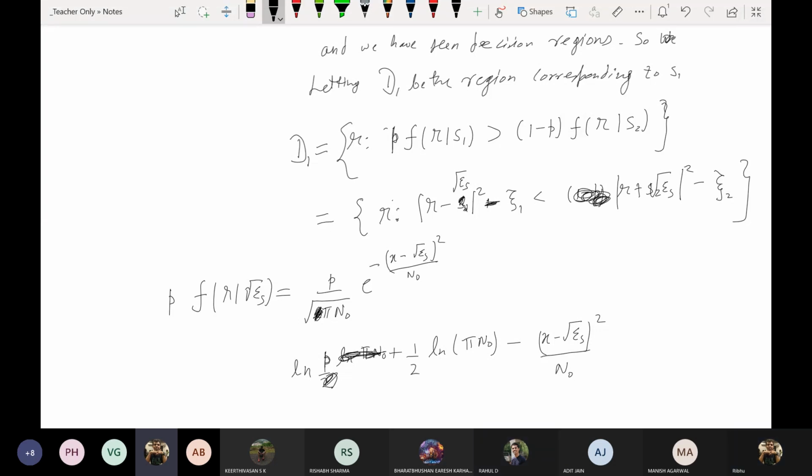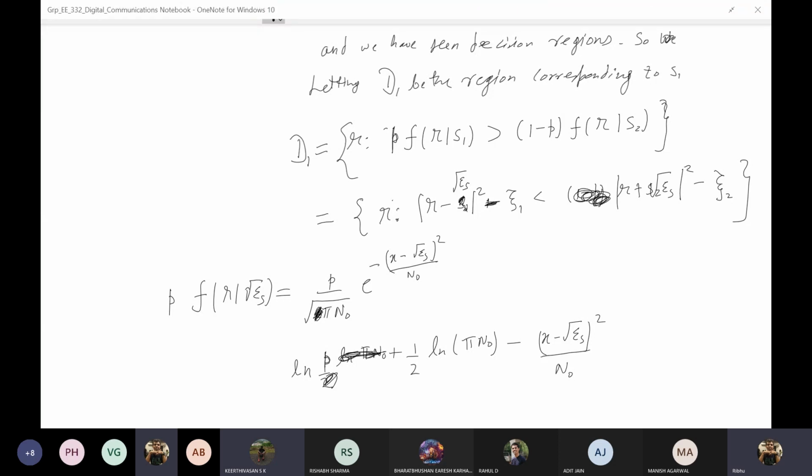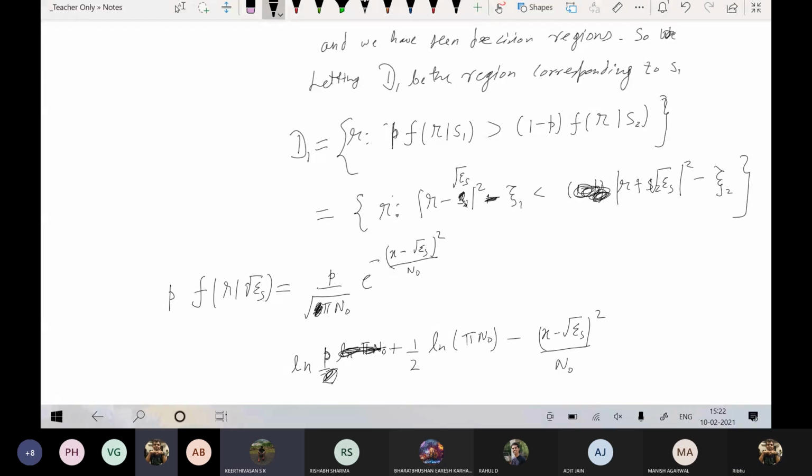So how do we know that it is Gaussian? We started off with AWGN, Gaussian noise.